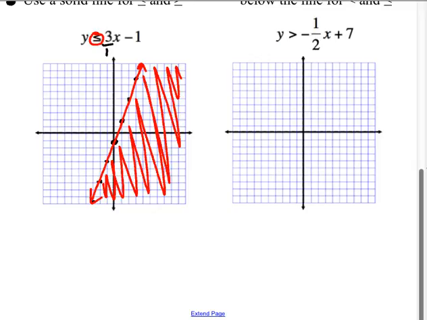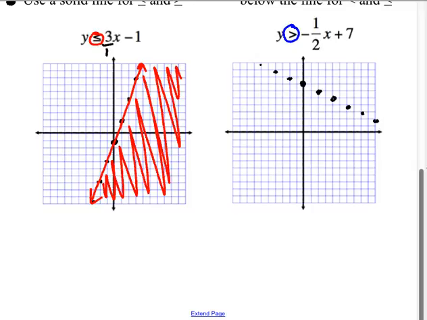All right, what about this next one? So again, start at the y-intercept. So start up at 7. Slope -1/2. So down 1 over 2, down 1 over 2, and so on and so forth. Now I look at my inequality. So here I have strictly greater than.